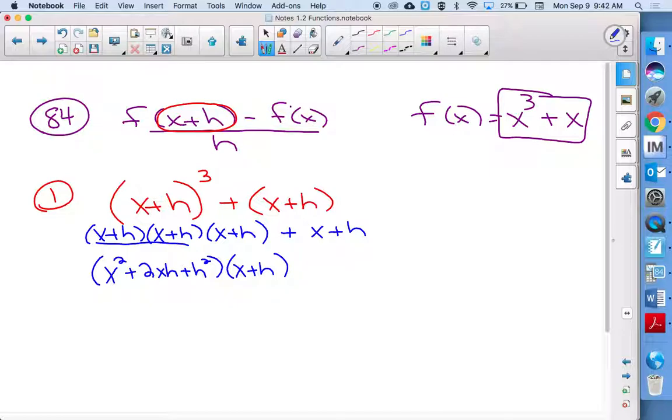You will get that quantity memorized after you multiply it together enough. It is x squared plus 2xh plus h squared. And then you have to multiply that by x plus h again. So we multiplied the first two together, and now we have to take that product and multiply it with x plus h again.